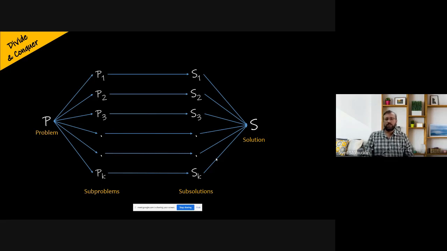Here P is the original problem, which is divided into sub-problems P1, P2, P3, till Pk. Each can individually be solved easily, giving sub-solutions S1, S2, S3 till Sk, and they are combined to get a solution S to the original problem. When we divide P into sub-problems, a sub-problem such as P1, P2 or P3 can also be a large problem, so it can in turn be divided.